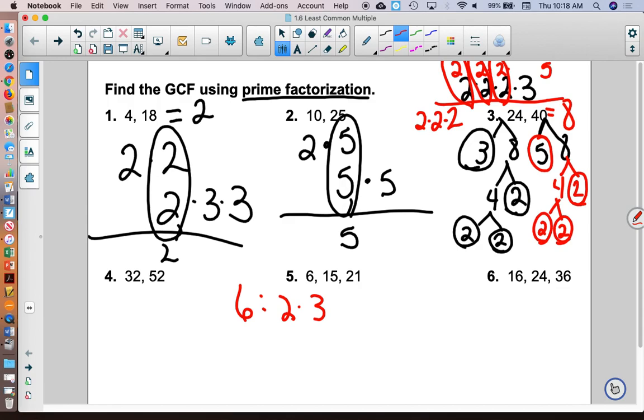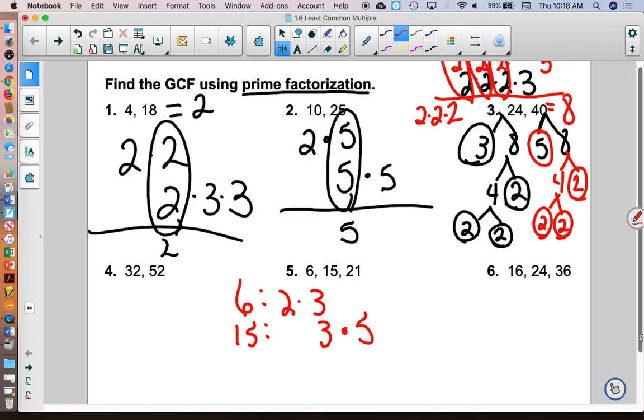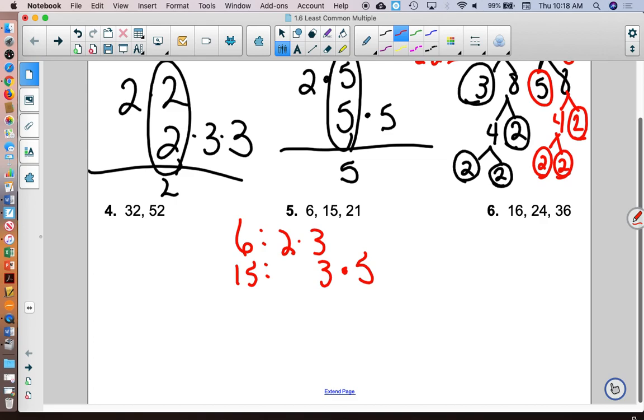What's it going to be there, Miss Melissa? 3, 5. So the number 15, she says 3 times 5. Okay? What about the number 21? Prime factors of 21. Who's going to give me those? Miss Jessie. 3 and 7. 3 and 7. So 21 is 3.